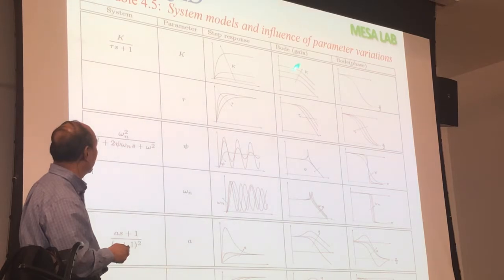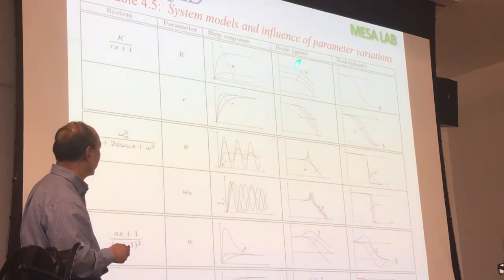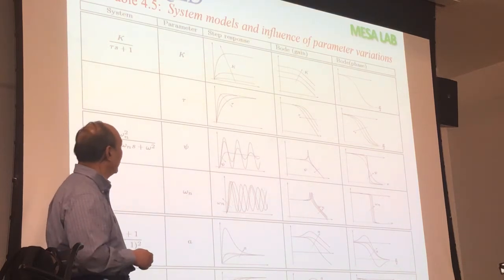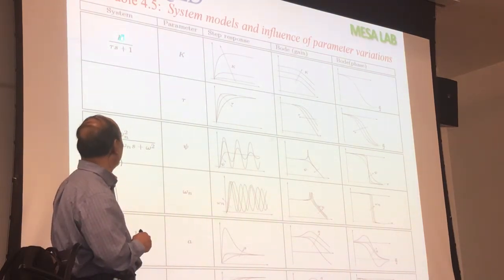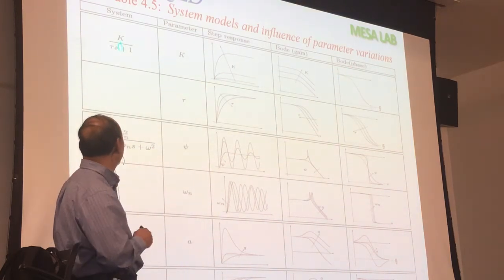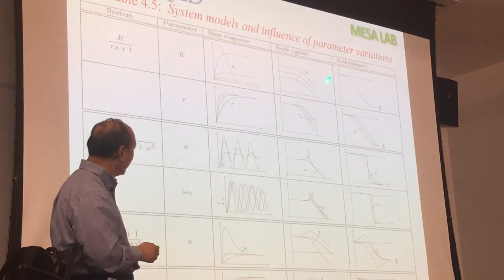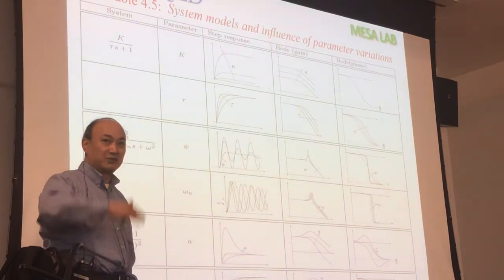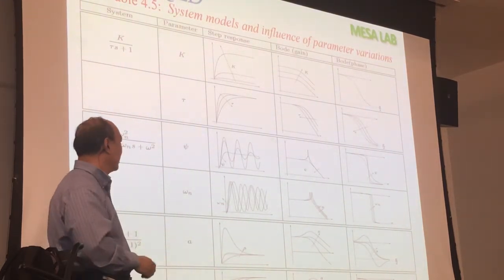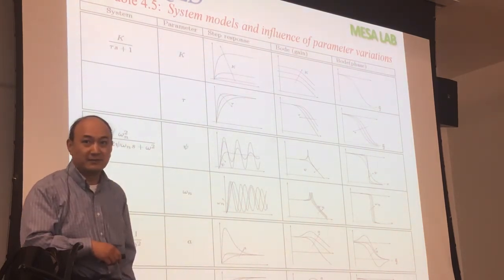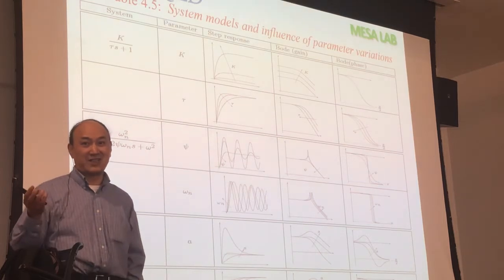The corner frequency, this tau, is the same. Tau is the same. And whether K is very small or big, it doesn't matter for the phase. The phase is the same. Up and down, the magnitude changes, but the phase didn't change. Did you see it? Because the phase has nothing to do with K. It's only to do with tau, okay?